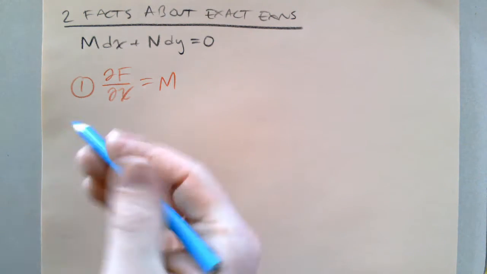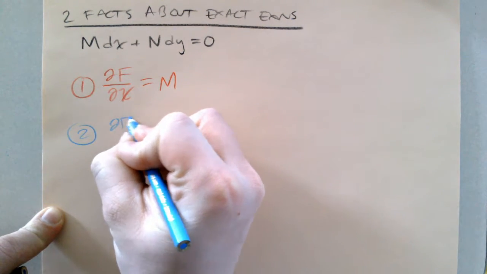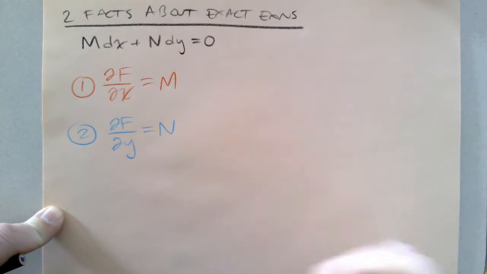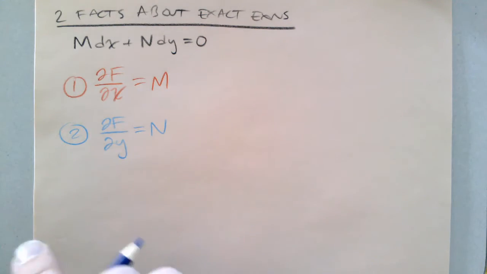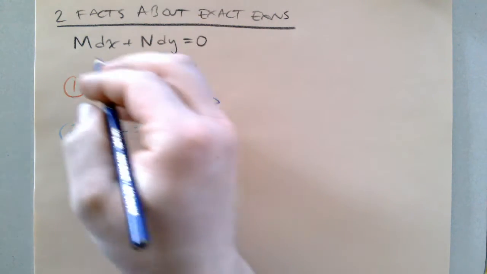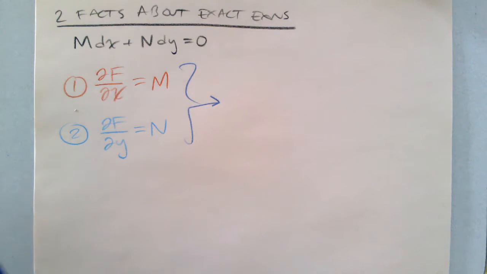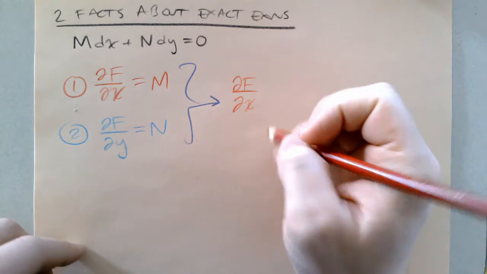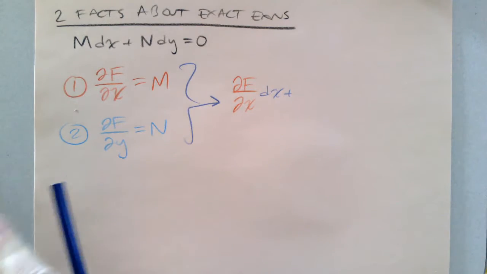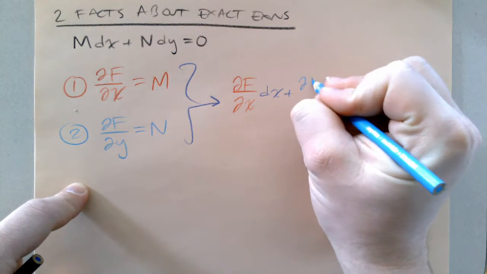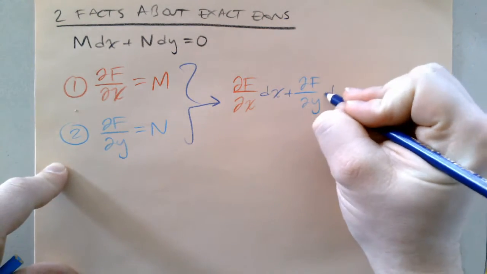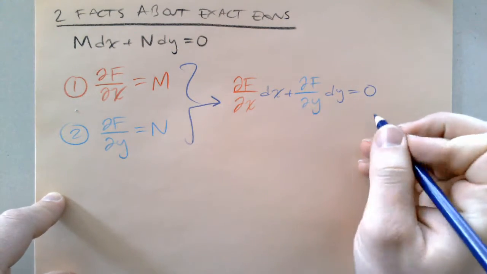It's that we have some function f where the partial of it with respect to y this time will be equal to N. So with those two facts, we can combine those and write them in that form of an exact equation. So instead of M, we have partial f with respect to x dx, and then we'll add our partial f with respect to y dy, and those will add up to 0.